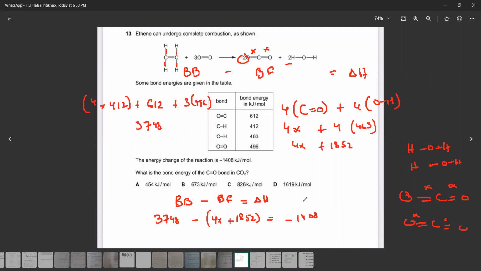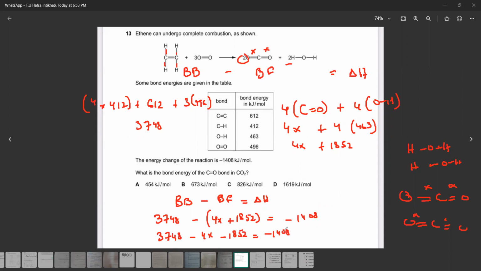Now we have to simplify to get the value for x. So now a mathematical equation: 3748 minus 4x minus 1852 is equal to minus 1408.